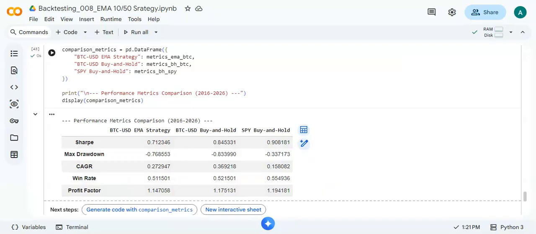But if you want a really good annual growth rate, return, or equity curve, you need to consider buying and holding crypto. In our case, it's Bitcoin, right, which gives us 37%. So now it depends, of course. If you want some stability, just buy and hold S&P. If you want more return, just buy and hold Bitcoin.